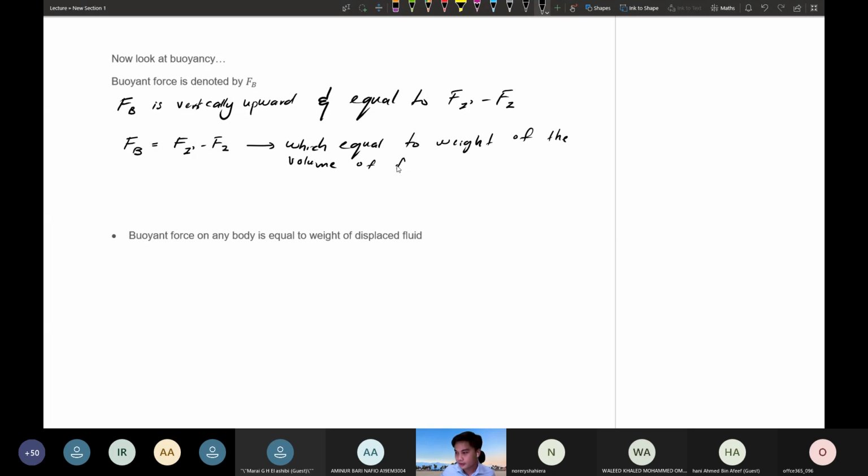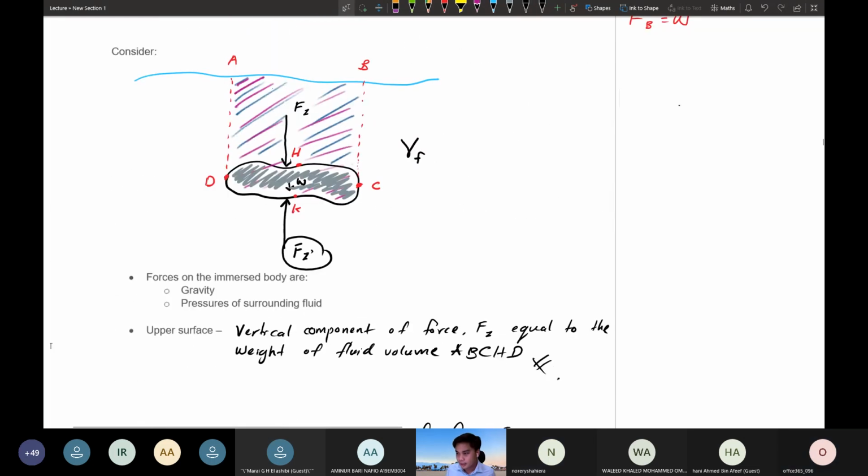Volume of what? The fluid displaced. Which point? DHCK. So we can say that this displaced fluid, which is DHCK, is equal to the buoyancy force.